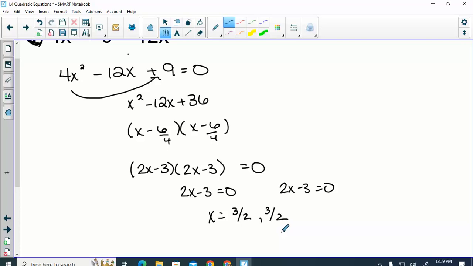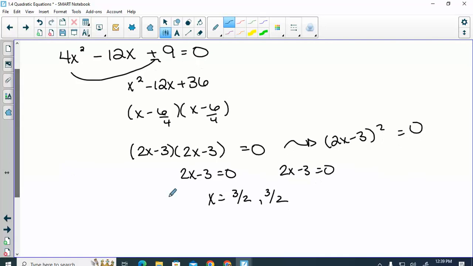Okay. So the power would be right here. You could write that as 2x minus 3 squared. In terms of our solution, what we will write is 3 halves. How many times was this a solution? Twice. So we put an m, which represents multiplicity, and then a 2.